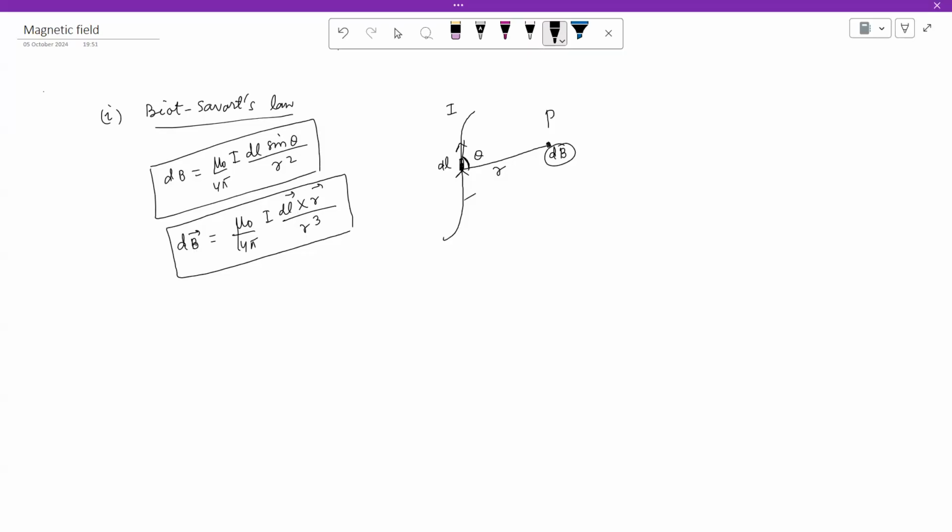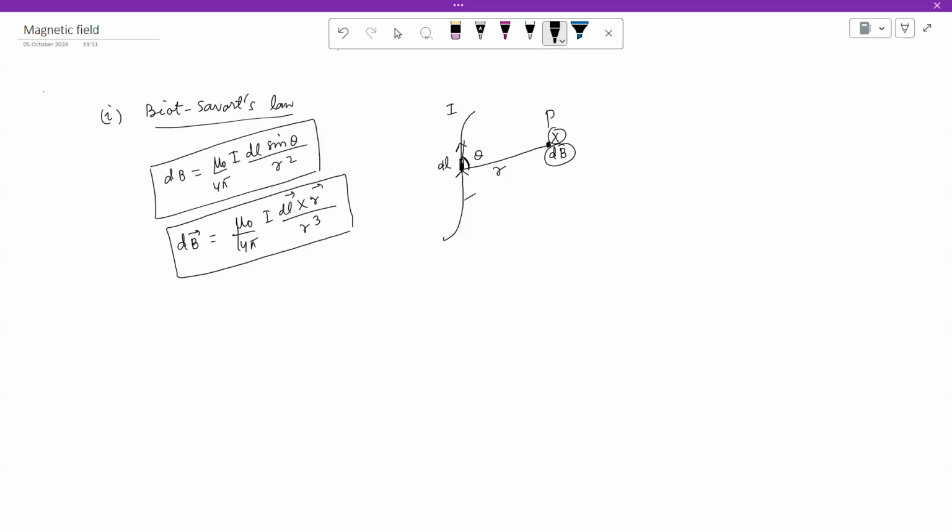You put your palm in the direction of dl, and then you curl your fingers in the direction of r. Whatever direction your thumb is pointing, that is the direction. So in this case, the direction of the magnetic field would be inwards. And how do you represent the inward direction? You represent it with a cross, right? Clear?